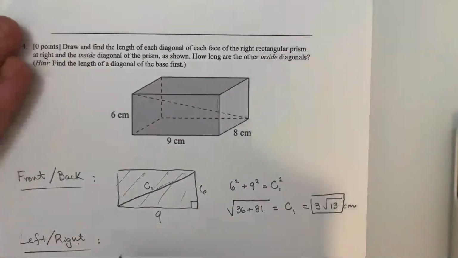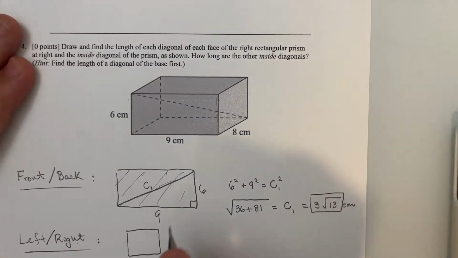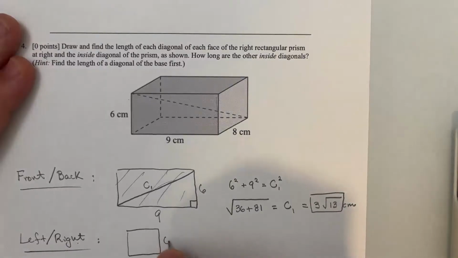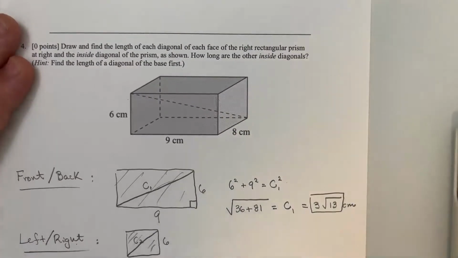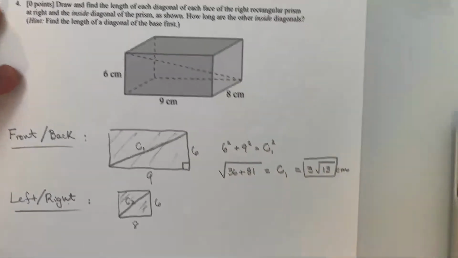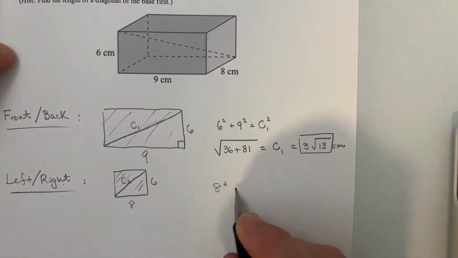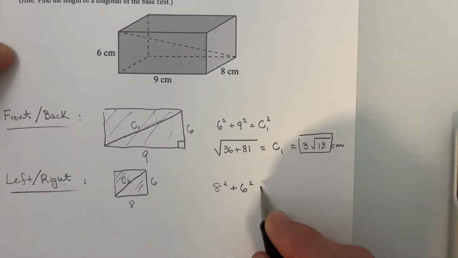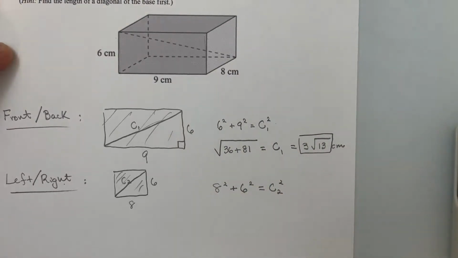So these are smaller. We have like this size. But still, I guess they're not quite that small now that I look at it, but yeah, whatever. So C2. 8 squared plus 6 squared would be C2 squared.